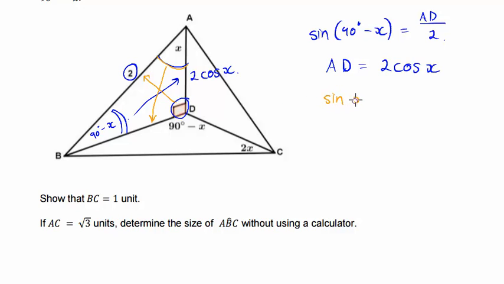I can say sine of x is equal to opposite, which is BD, over 2. So BD is equal to 2 sine x. So now I have an answer for BD, 2 sine x. Now the moment I've done this, can you find now a new triangle with an opposite pair?